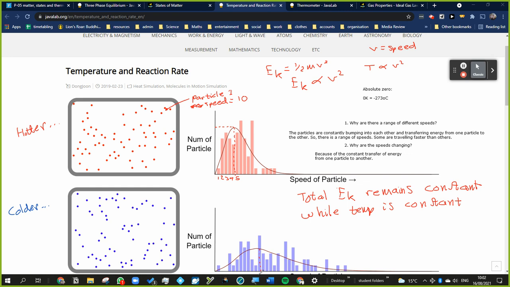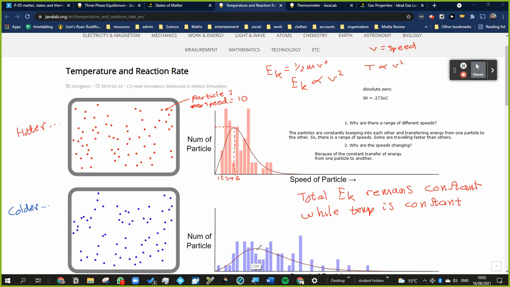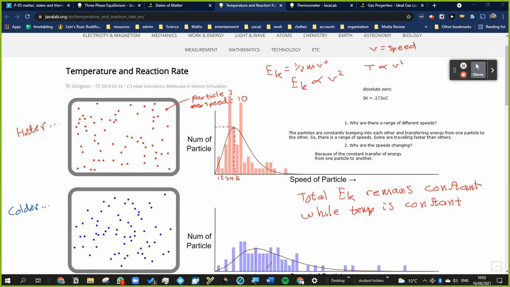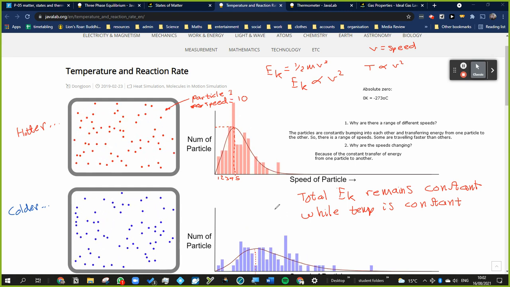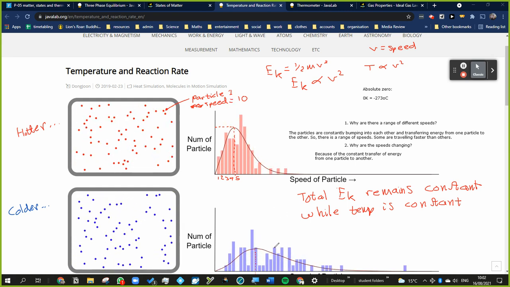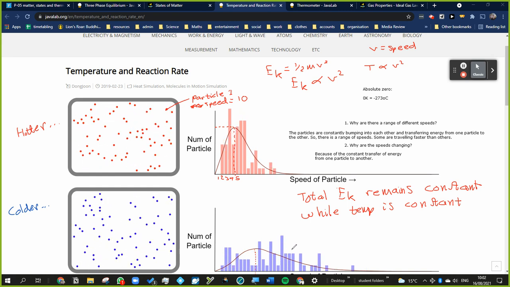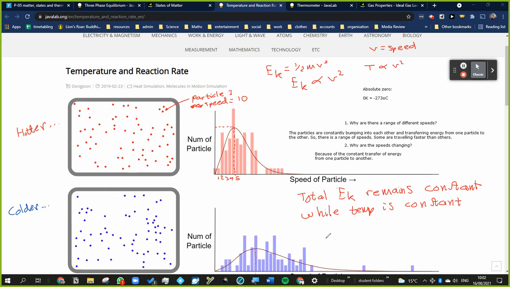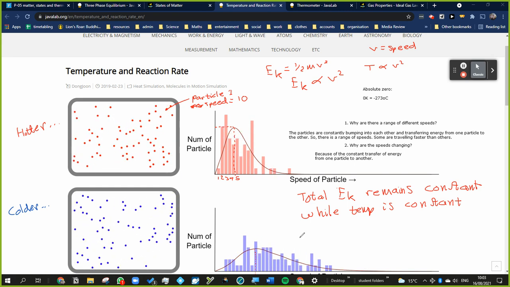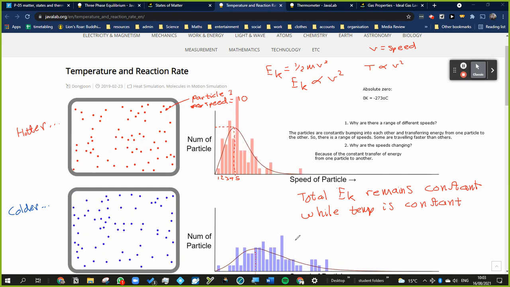Oh, that's not quite right. It's around here, isn't it? So for colder temperatures, we have a lower maximum, a larger spread, and the maximum is lower. Hang on a second.